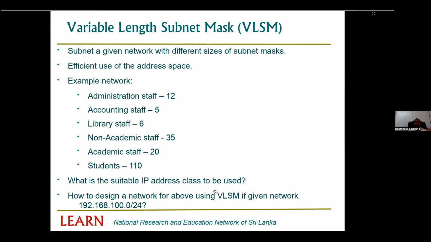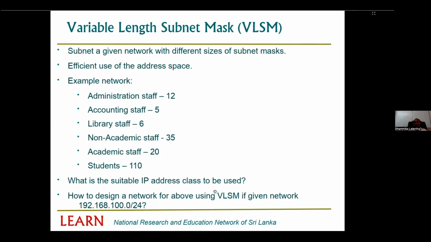In the real case, normally all the subnets are not going to be equal. When we subnet our campus network into groups, normally each user group in each department or division is different.